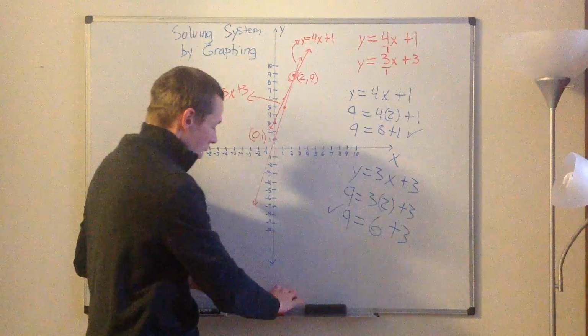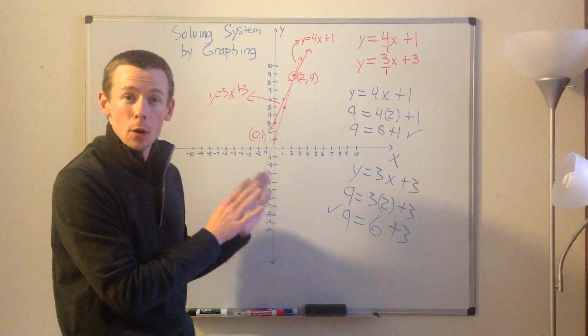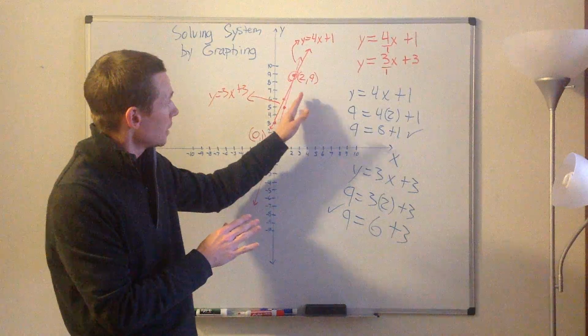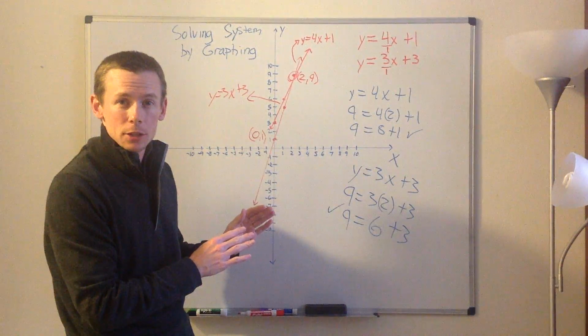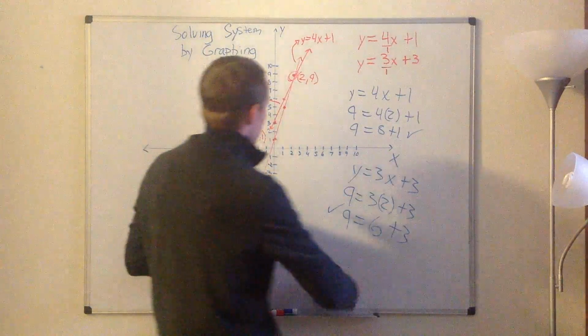Okay, so there are 2 other possible outcomes that you could get besides one point of intersection.